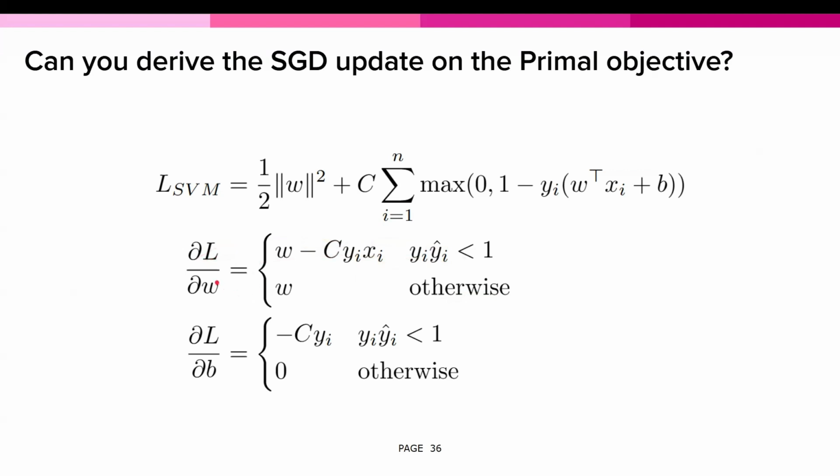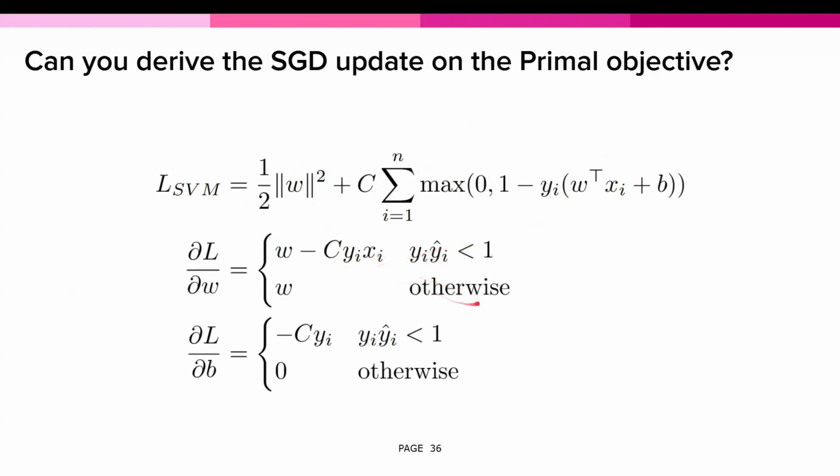And so if you do that, then the gradient with respect to w, in the case where yi hat is less than one, making this whole term positive, we would see that this first term, the two would come down, cancel out the half, and then we'd have w, and then we'd want the gradient with respect to yi w xi. So that would give us C yi xi, and so minus C yi xi. So that's the gradient with respect to w in the case of yi hat being less than one.